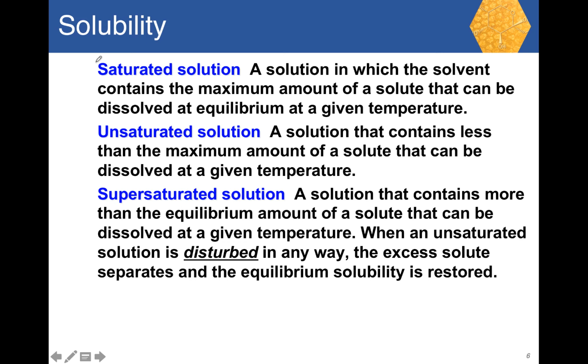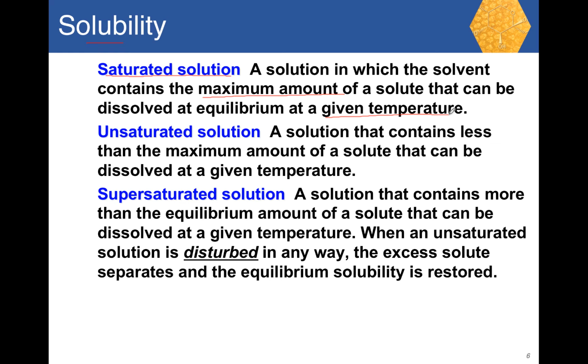Some other terms for solubility. Sometimes we have a saturated solution. So a saturated solution is one that has the maximum amount of solute in that solvent at a given temperature. Keyword here is at a given temperature.